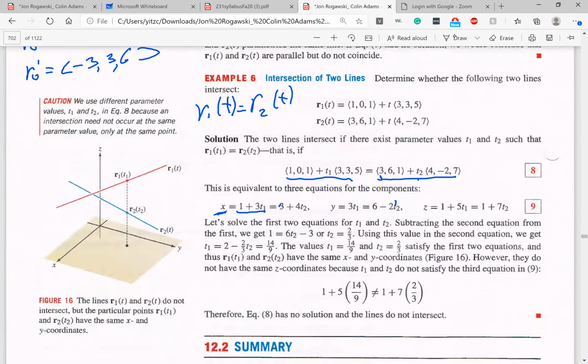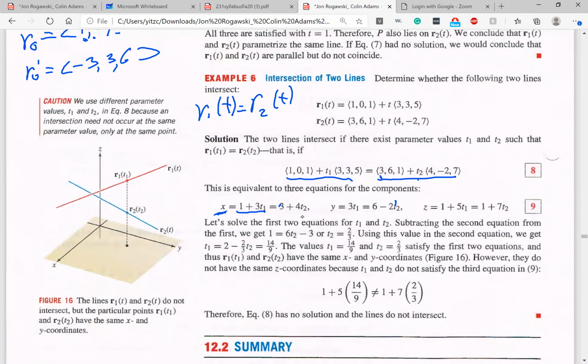Okay, and so then you can solve the equations. And so let's see how they do it. So they first say, let's solve the first two equations for t1 and t2. So forget about this and try to solve these two equations, because we have two equations and we have two unknowns. So we can find t1 and t2.